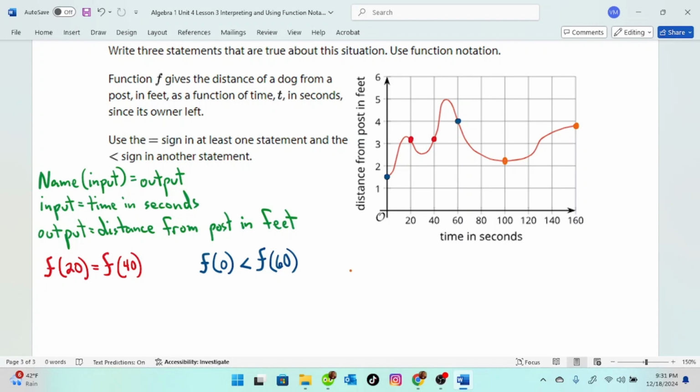And I'm going to say the function after 160 seconds is greater than the function after 100 seconds, because the distance after 160 seconds is bigger than the distance after 100 seconds.